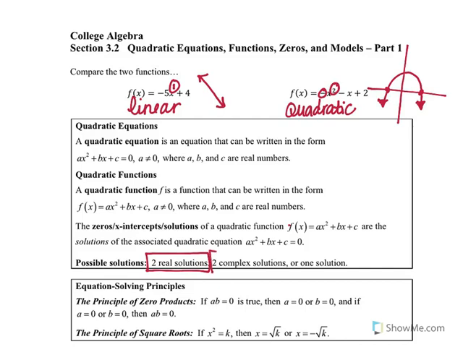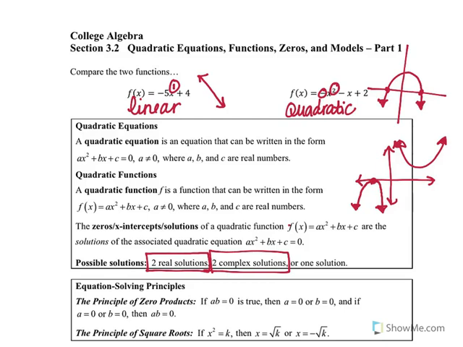I could have 2 complex solutions, where I might have a graph such that it has solutions, but I don't actually see them cross the x-axis. Or I could have one solution where just the tip of my graph crosses one time, and we're going to call those double solutions. We're going to talk about that a little bit later.